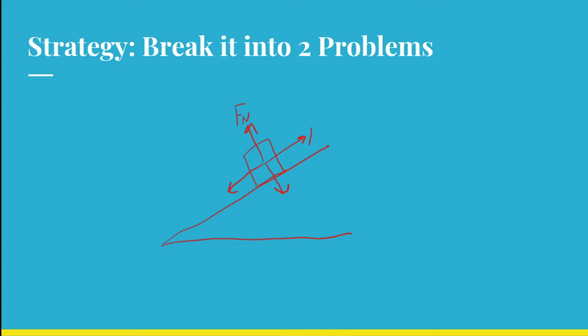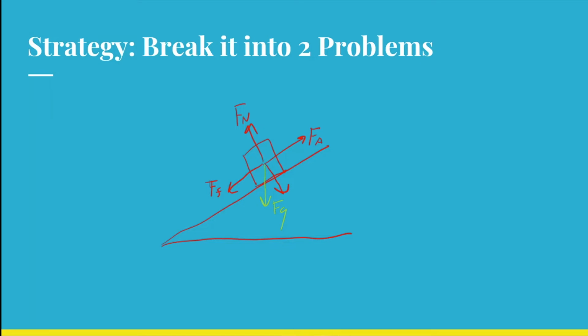We might have an applied force like this, a frictional force resisting our motion. But here comes the problem. Gravity points straight down. And this is not a part of our coordinate system.